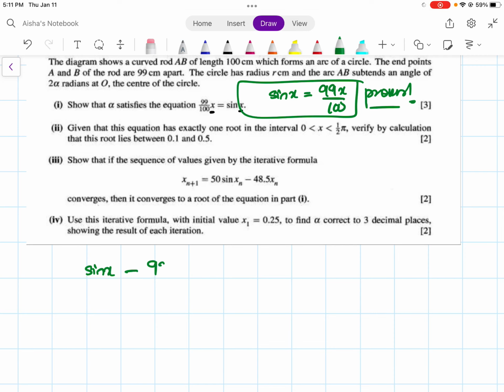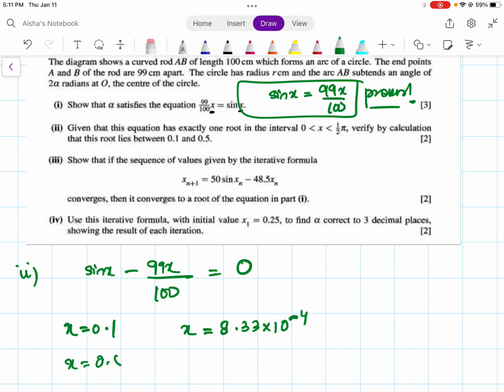Verify that the root lies between. For the root to lie between any two values, you have to equate the entire equation to 0. Sine x minus 99 upon 100 x. Calculate. At x equals 0.1, my value is 8.33 into 10 to the power minus 4.